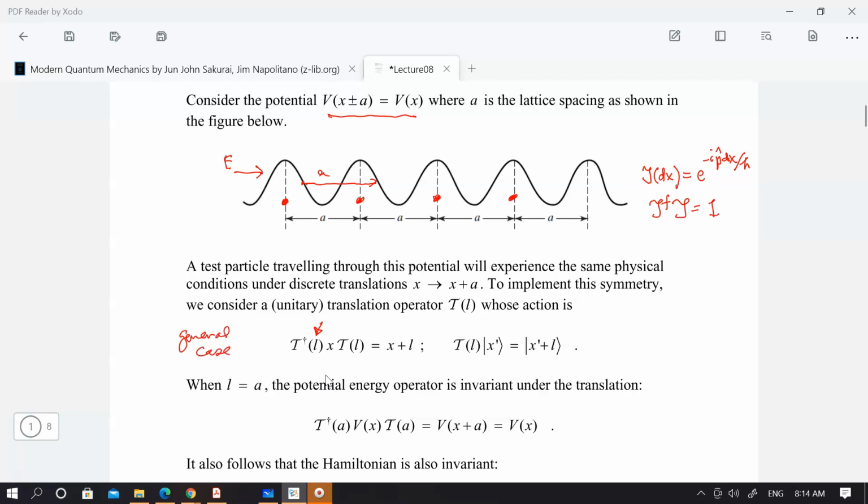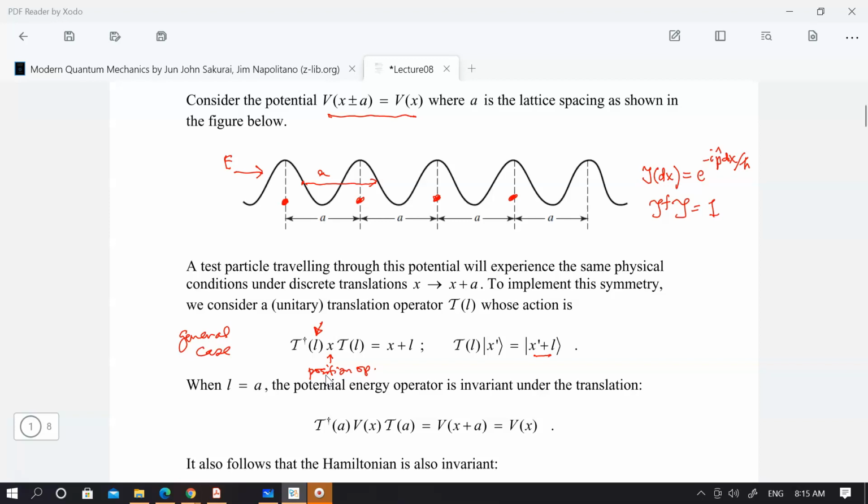So you can have L to be any distance. The action on this observable, the position operator, will simply translate that position operator by L. If you want to be more precise, this will be L times the identity operator. Okay, so what about the position eigenkets? They will also be translated by the distance L. That is the behavior of the translation operator.